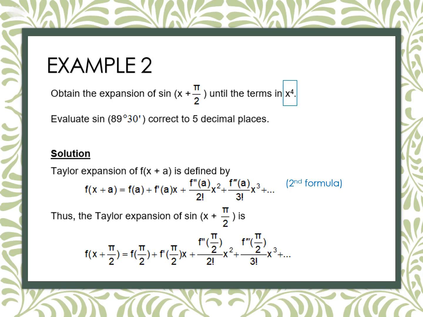The added hint is you need to find the expansion up to x to the power of 4. Thus, the Taylor expansion of sine x plus pi over 2 is referred to f x plus pi over 2 equal to f pi over 2 plus f prime pi over 2 x plus f double prime pi over 2 factorial x squared plus f triple prime pi over 3 factorial x cubed plus so on.